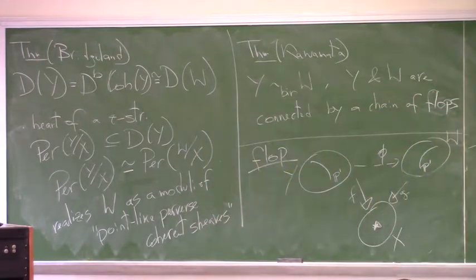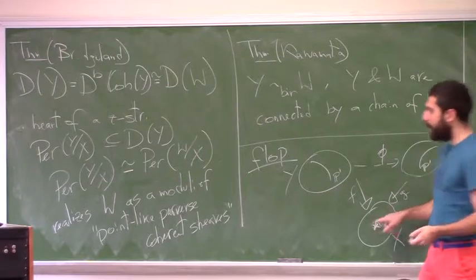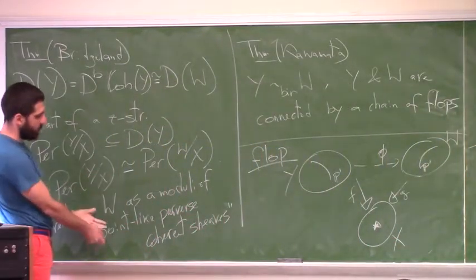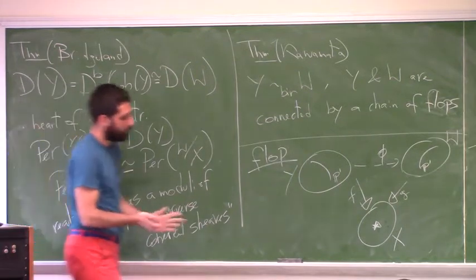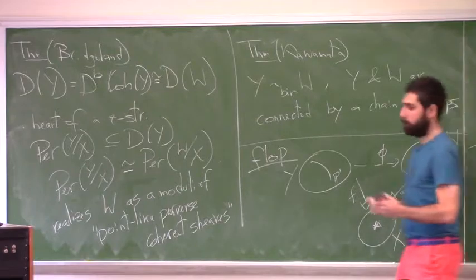So somehow it doesn't really matter what the flop W is. What I need to know is this map over here, and then I can just consider this category, which is intrinsic to Y, and take this moduli space, and this will be the flop.